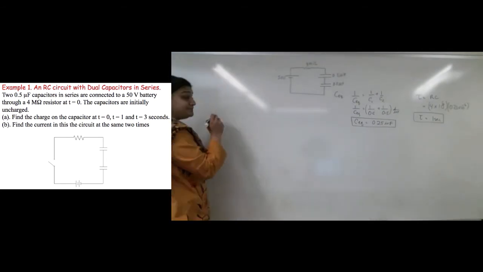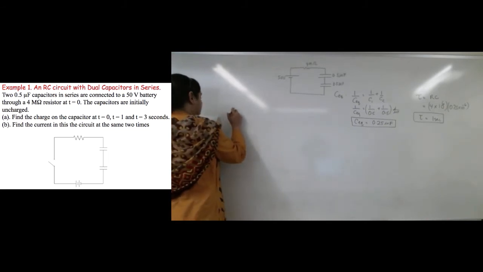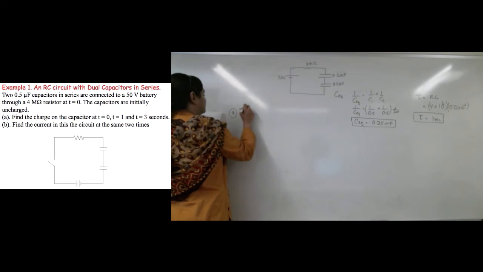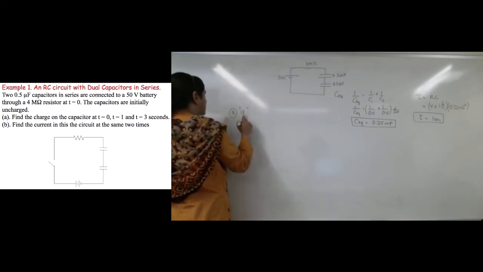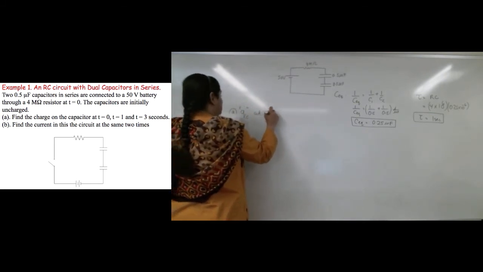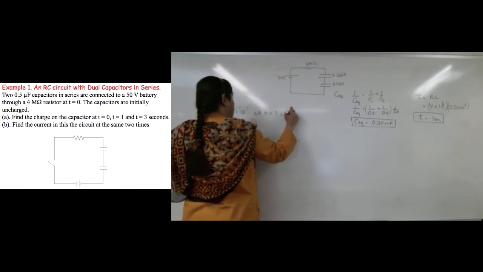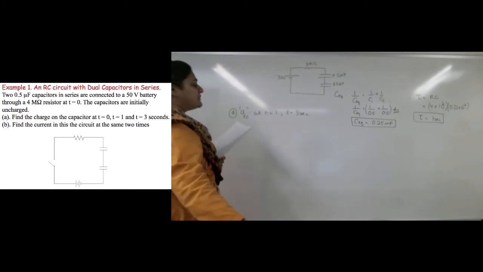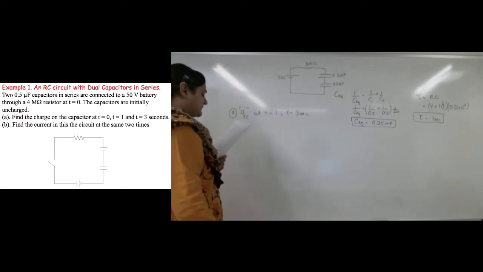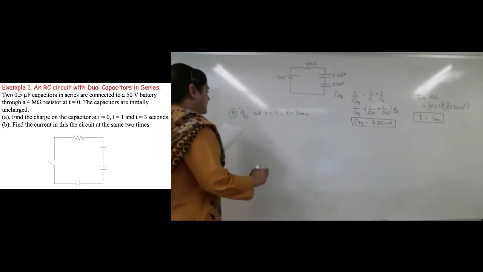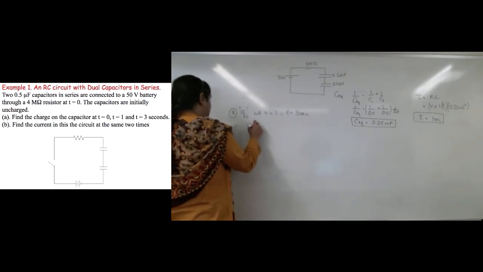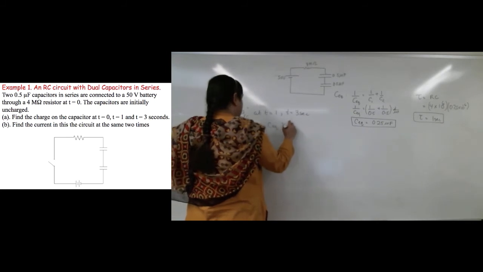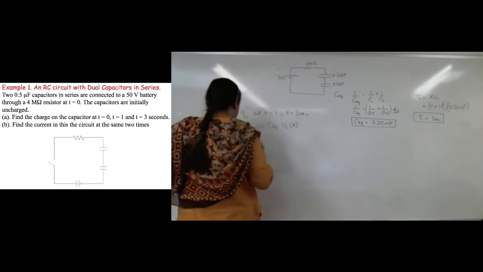So part 1 says, find the charge on the capacitor. So I need to find Q at t equals 0, t equals 1, and t equals 3 seconds. At t equals 0, the charge on the capacitor obviously will be 0. How do I find this? I know that the charge on the capacitor at any time will be given by C equivalent times Vc of t.